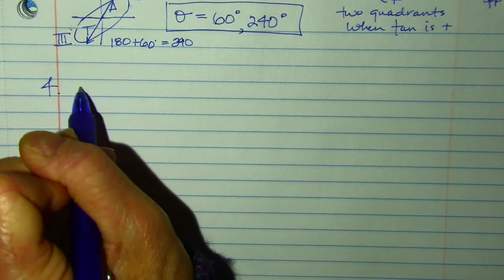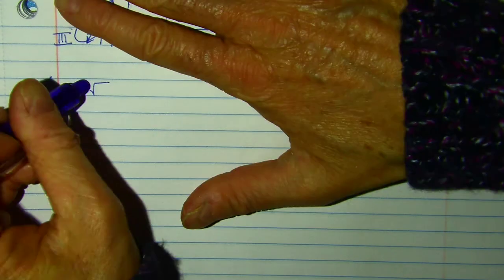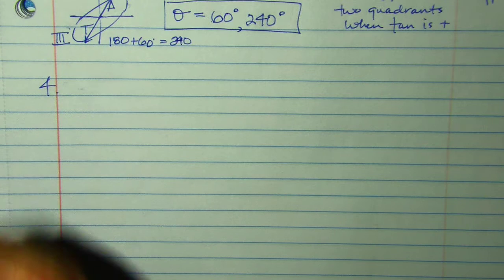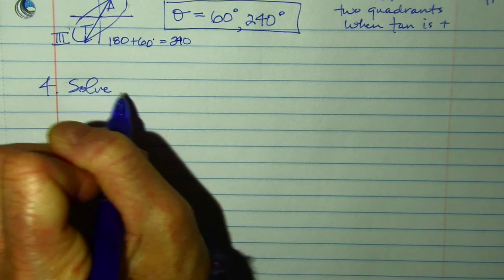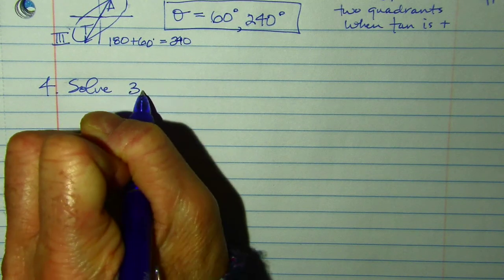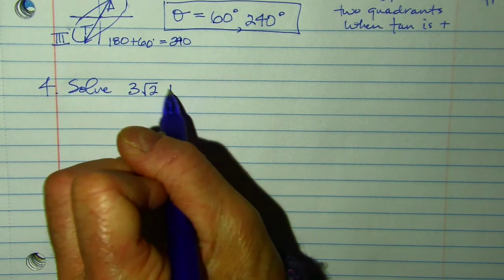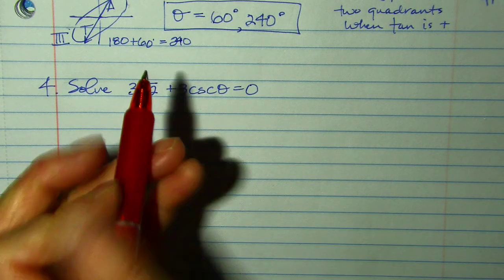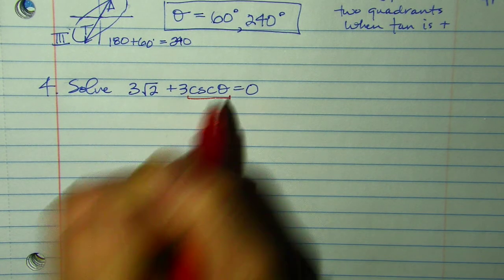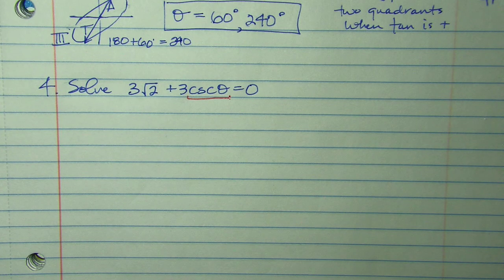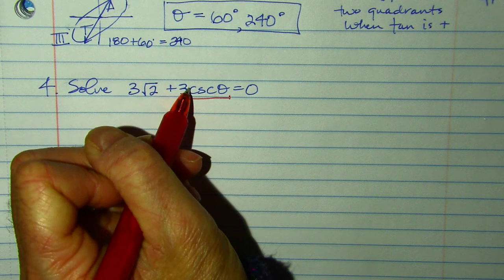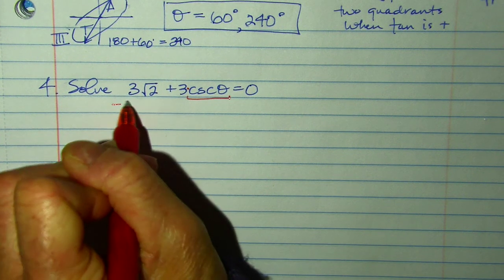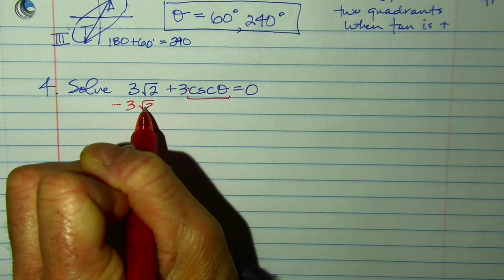Last one. I'm going to go ahead and write the word solve because that's how you're going to see it. Solve 3 root 2 plus 3 cosecant theta equals 0. Now remember, I'm going to keep the argument together, so I'm not going to move theta, but I do need to move the 3 root 2 and the positive 3. Now I recognize that 3 is being multiplied, so I'm going to subtract the 3 root 2 first.